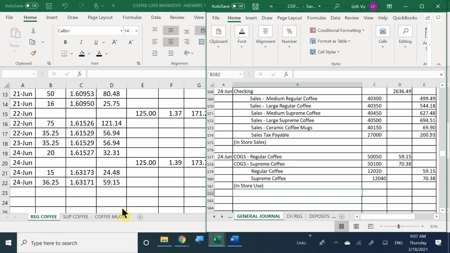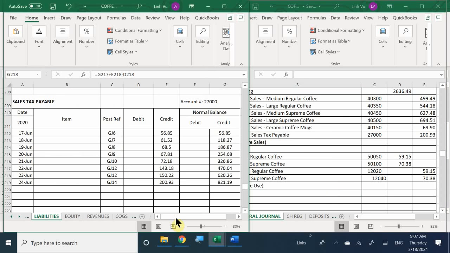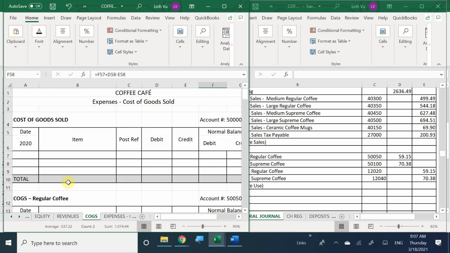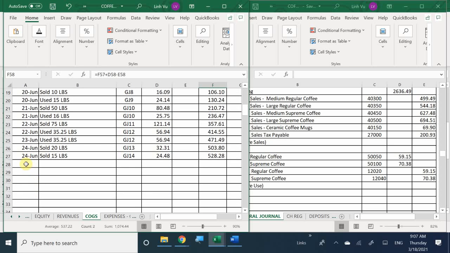The ledger. Okay, so we're going to go to cost of goods sold. We used 36.25 pounds, general journal number 14, for the 59.15.